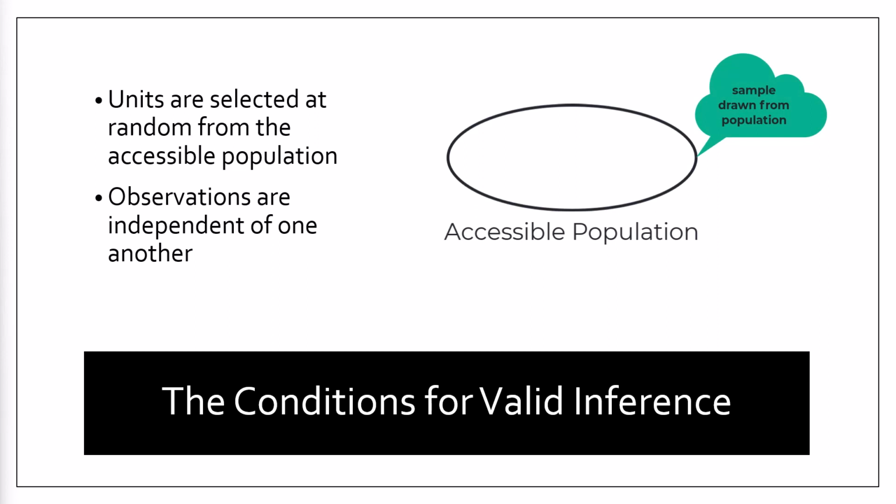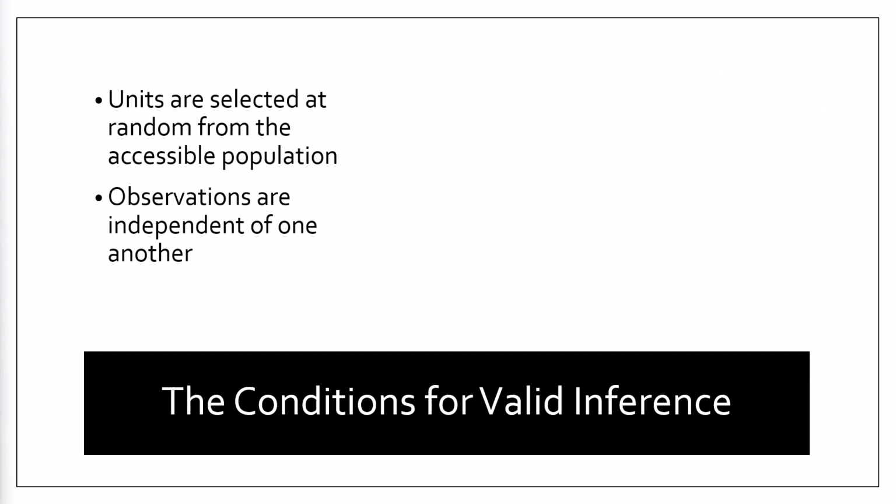The accessible population is something bigger than the sample, something that we can actually draw units out of for the sample, but also not the entire population of interest. This is the accessible population, and we select them at random. And then we see that the observations are independent of one another when we make those observations. We don't want to have overlap when we're observing one unit with another.